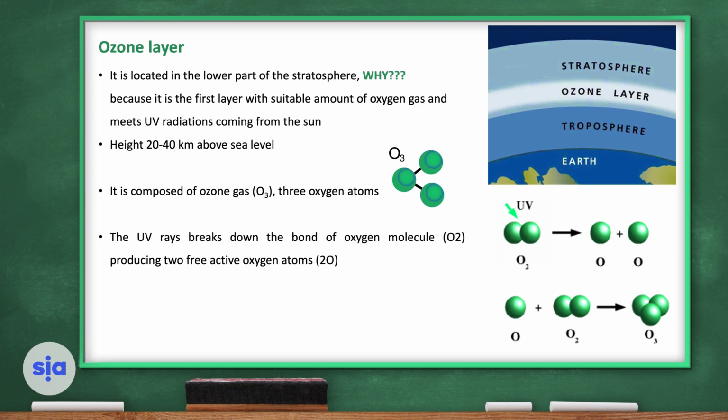The ultraviolet rays of the sun break down the bond between the oxygen atoms in an oxygen molecule, separating them into 2 oxygen atoms. Then one oxygen atom will react with an oxygen molecule composed of 2 oxygen atoms, giving the ozone gas.